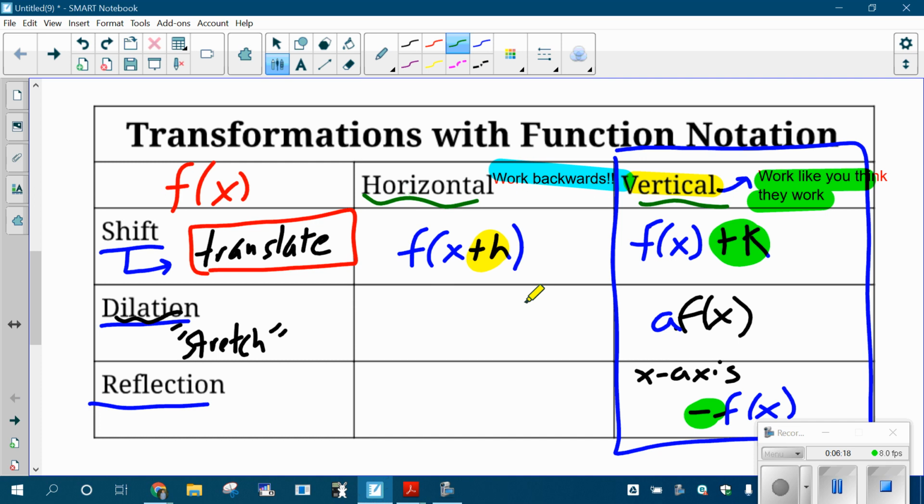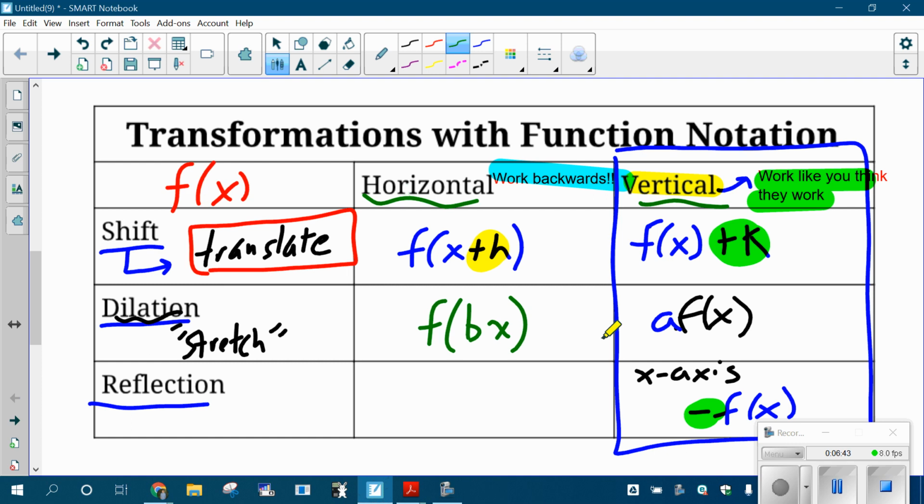Same with the dilations. Okay, again, we're talking about on the inside here. You're going to have multiplication again for a dilation, for a stretch, but it's going to be on the inside. Again, if you had multiplying by 2, you think it would stretch it horizontally and make it twice as wide, but it actually makes it half as wide. Okay, this one's a little tricky.